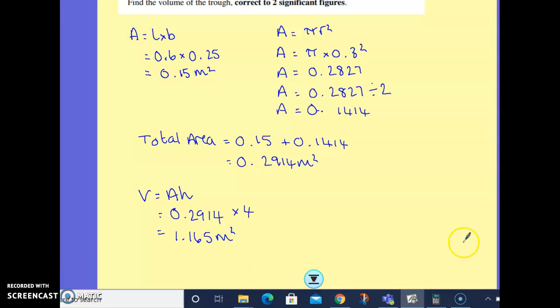Now I'm asked for an answer to 2 significant figures, so that'd be 1.2 metres squared, and that's to 2 significant figures. Oh, not metres squared. Oh dear. Let's fix that. What should it be? We've worked out a volume, so my answer needs to be metres cubed.